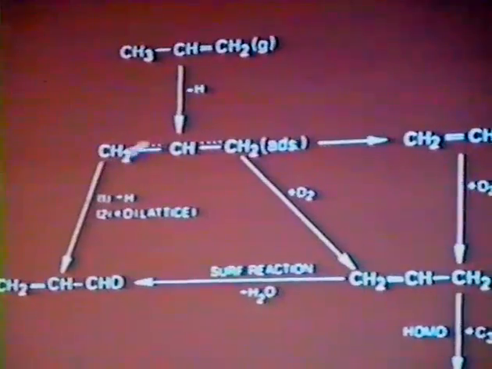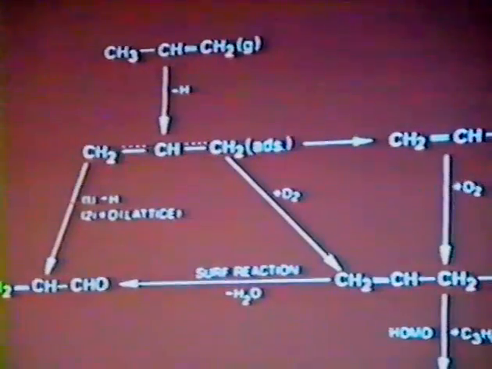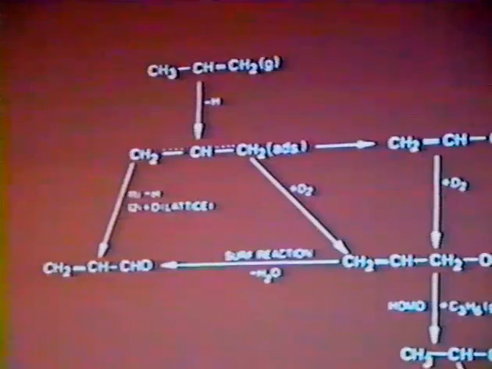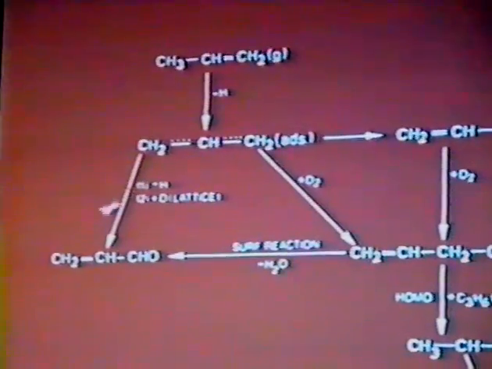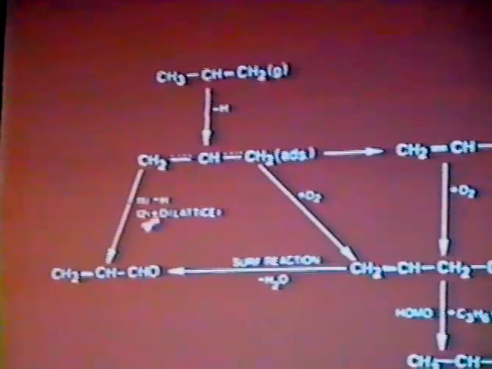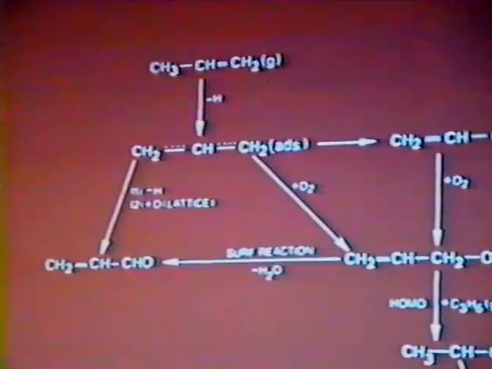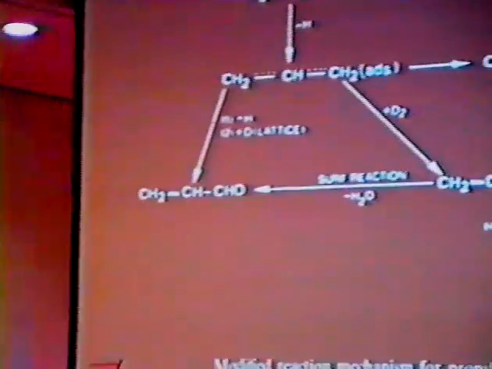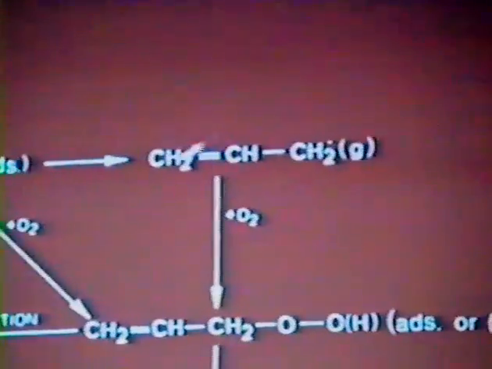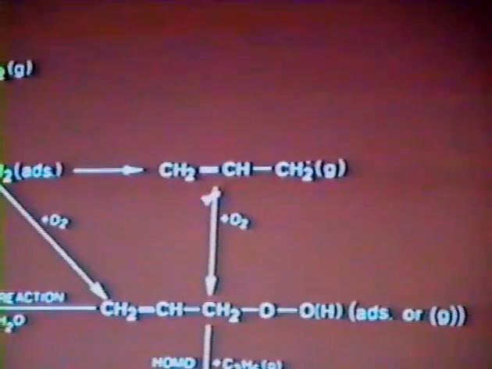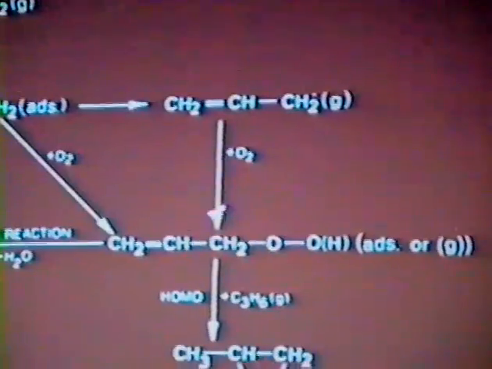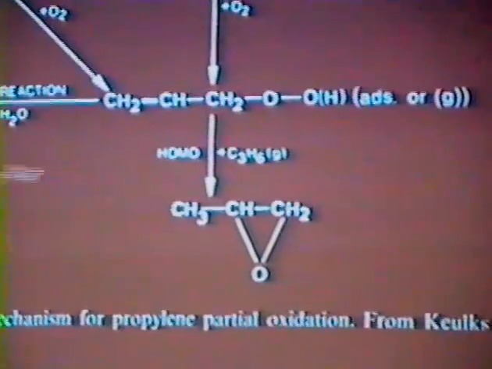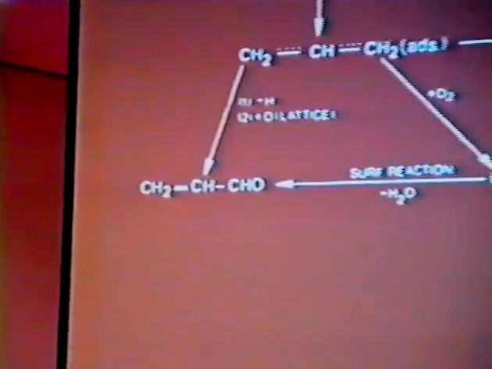Kokes and co-workers concluded that an allyl radical was formed on the surface of bismuth molybdate catalyst, and this radical could either further react on the surface by losing another hydrogen and picking up an oxygen to form acrolein, which would be the so-called straight heterogeneous approach, or that the radical or some reactive species that entered the gas phase could undergo subsequent reactions and form products, such as propylene oxide, which would not typically be expected to be formed on the surface.